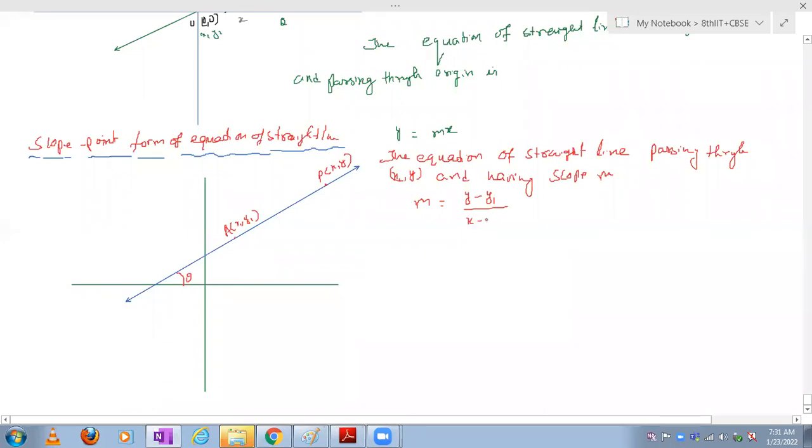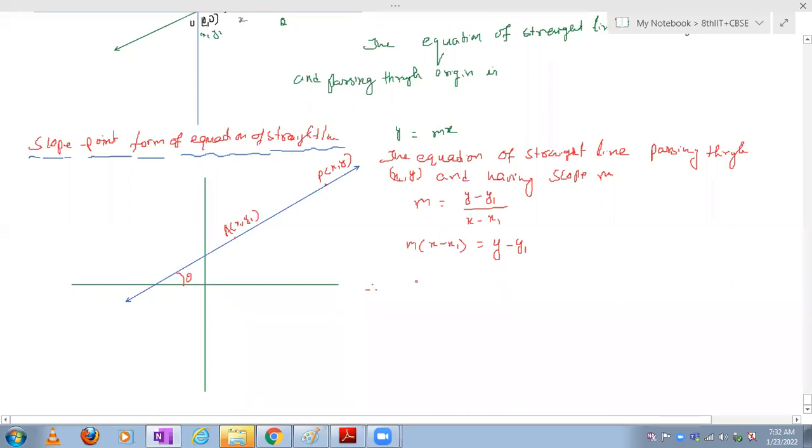Already we know that is the slope formula, y2 minus y1 divided by x2 minus x1. That formula only we keep. So m is equal to y minus y1 by x minus x1. Now just transpose this one. M into x minus x1 is equal to what? Y minus y1. Got it?